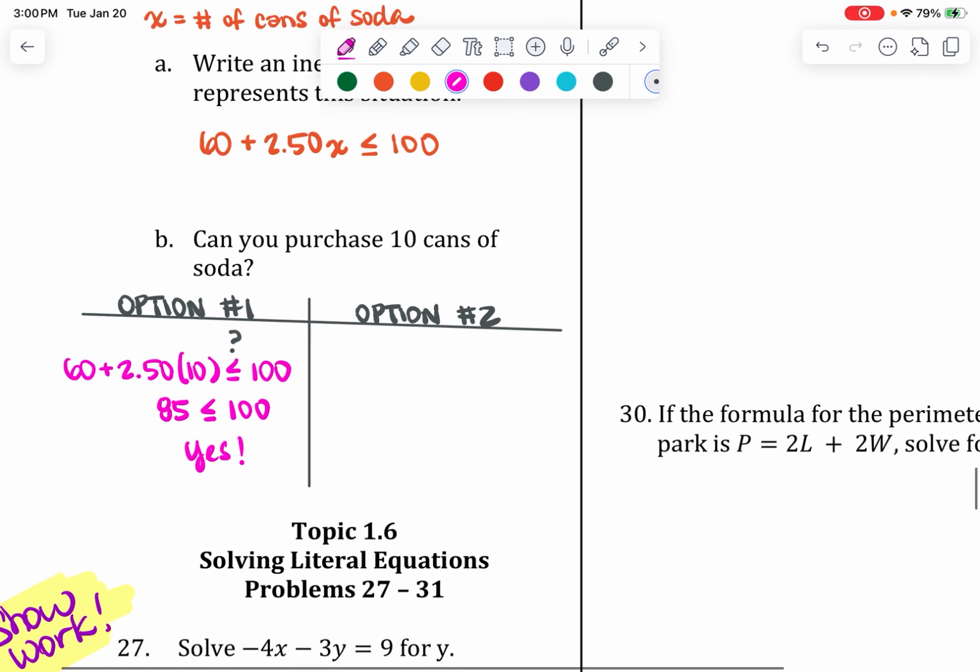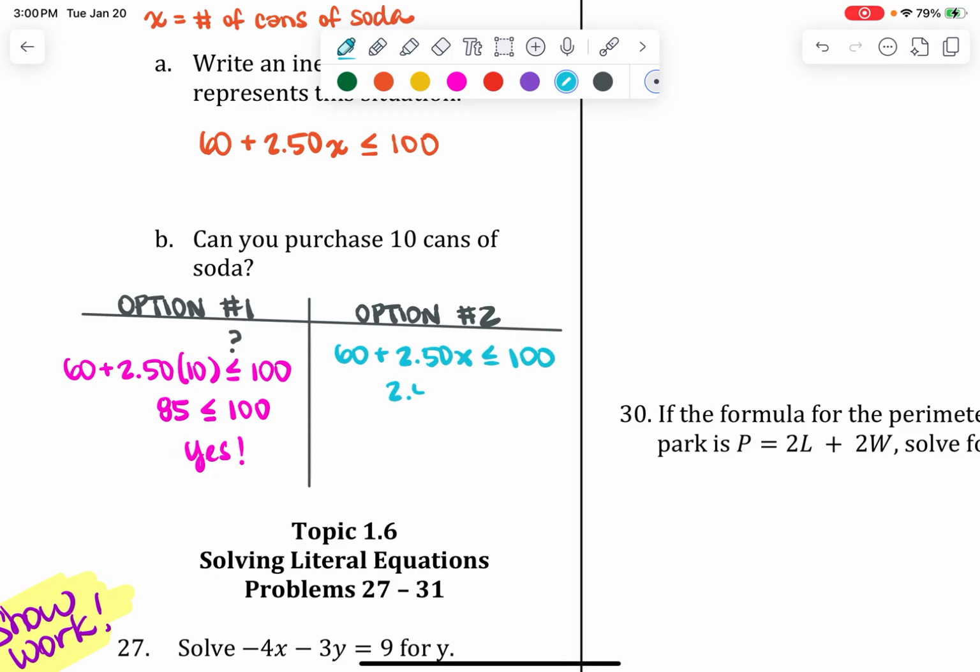Now, option number 2 is you can actually solve it. I can solve 60 plus 2.50x is less than or equal to 100 by subtracting the 60 from both sides and then dividing by $2.50. And you're going to get x is less than or equal to 16.